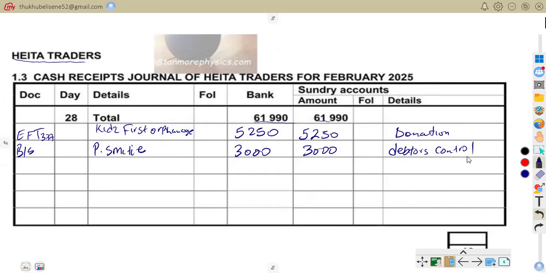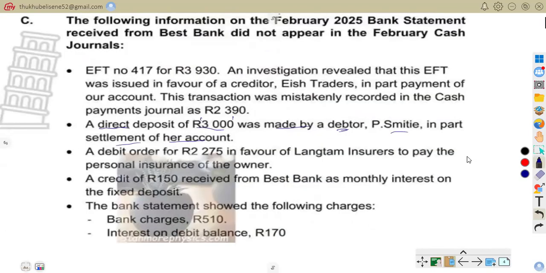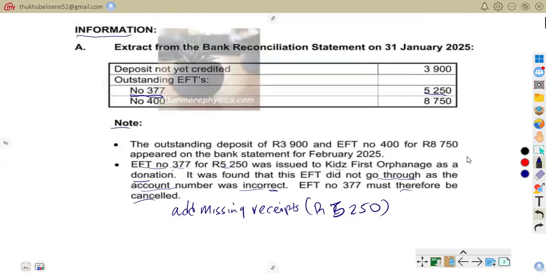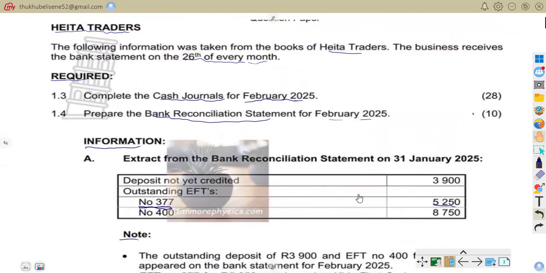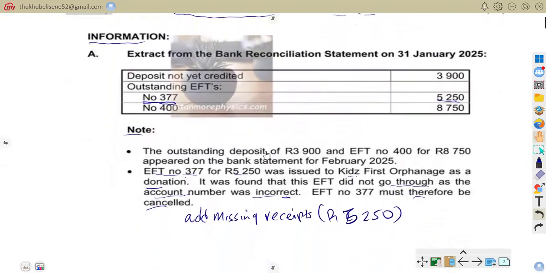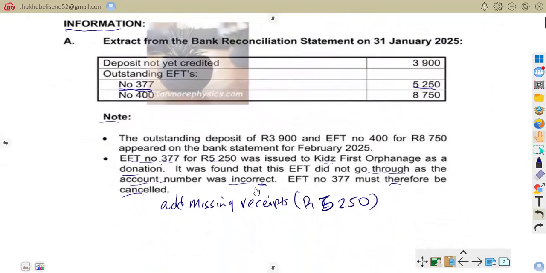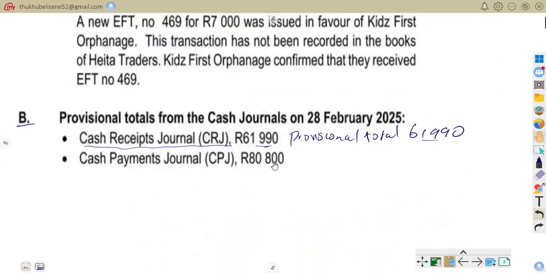So now let us move on. We come back to our information and try to find out if there is any statement that affects our cash receipts journal. So here is our information. A, like I've said, has nothing here, and even information B has nothing.